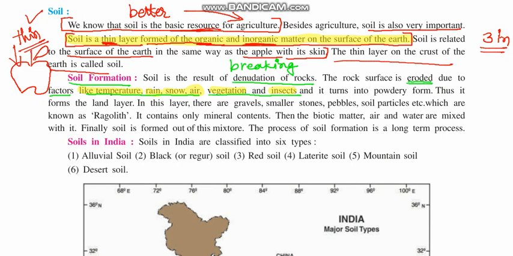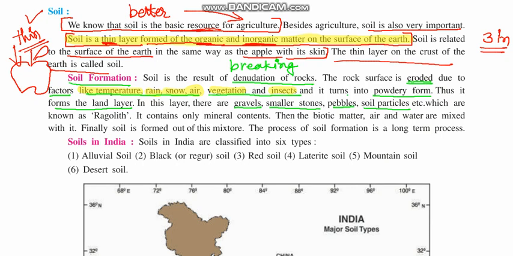They are cut off, and it turns into powdery form, ultimately into granule form. Thus it forms the land layer. In this layer there are gravels, smaller stones, pebbles, and soil particles. All these are included in it.